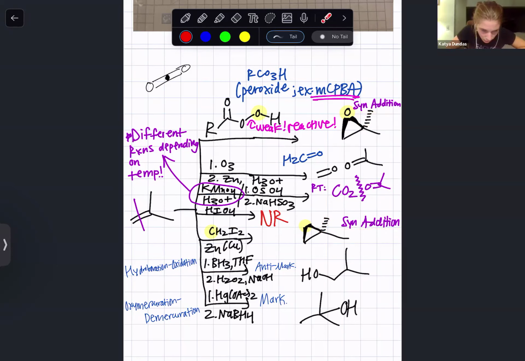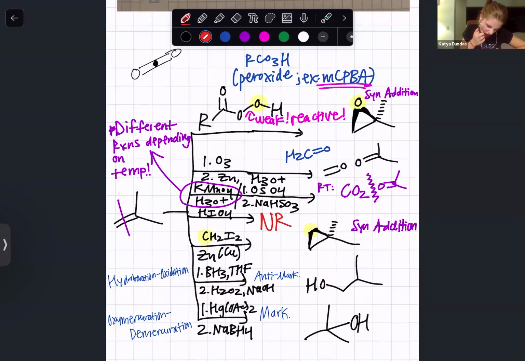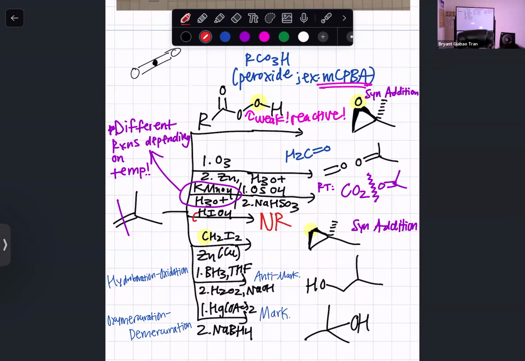Okay, the chicken foot looking one. And let me put a mercuration note here for the HIO4, and then the BH3 is that one.